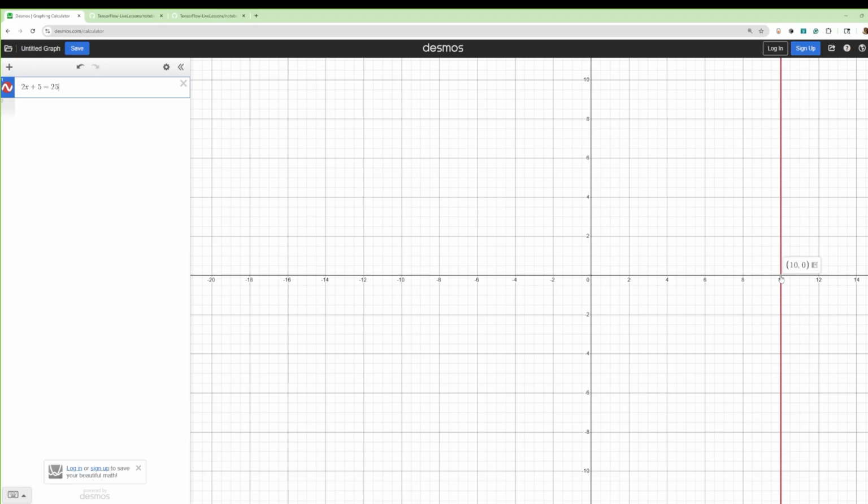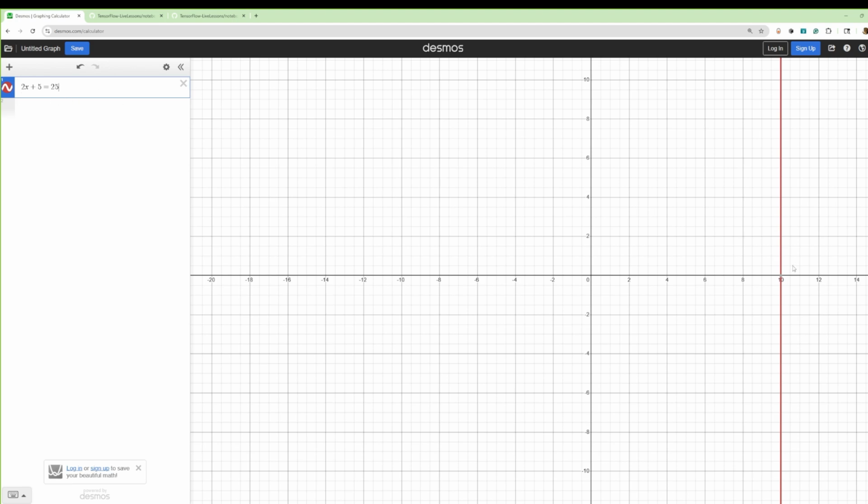The point where it meets the x-axis is 10 comma 0, so the value of x for this equation should be 10, and the value of y is 0, because we don't have any variable y here.